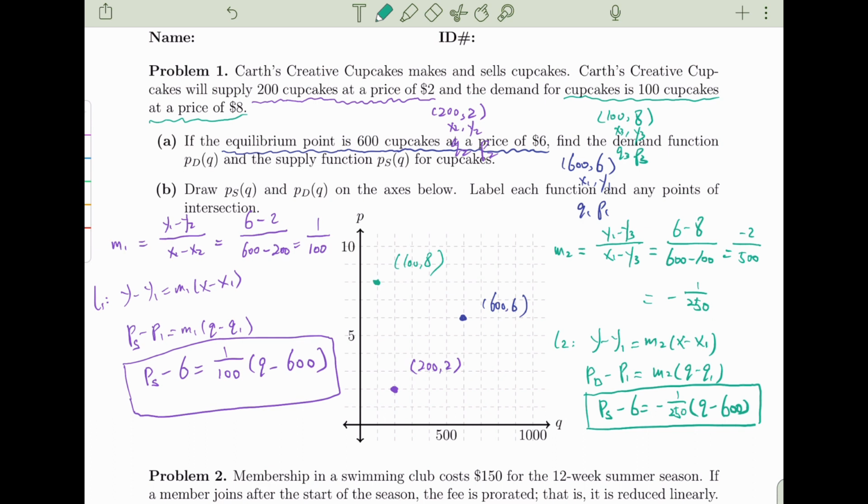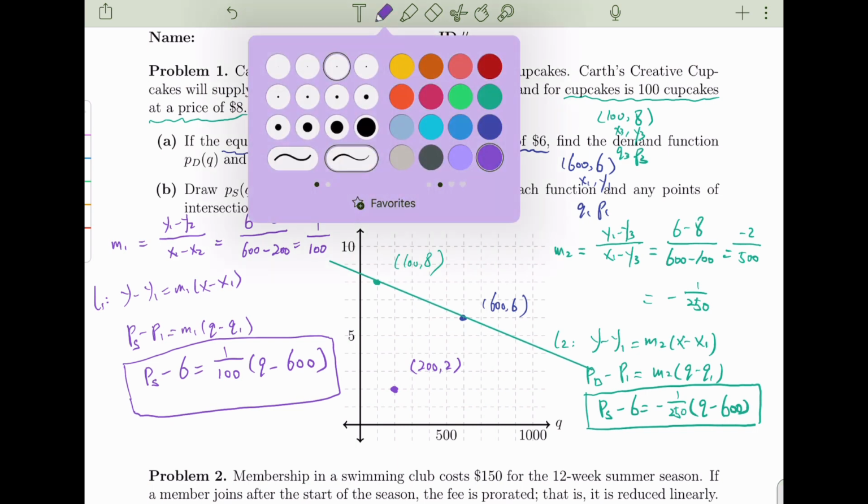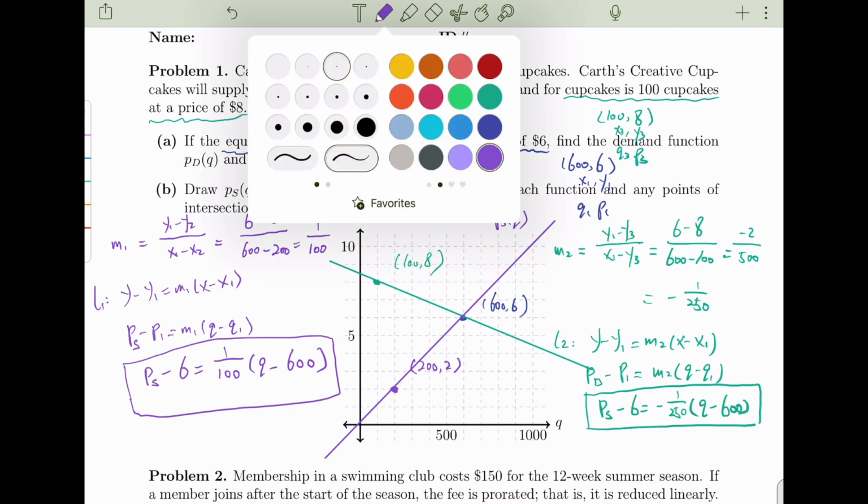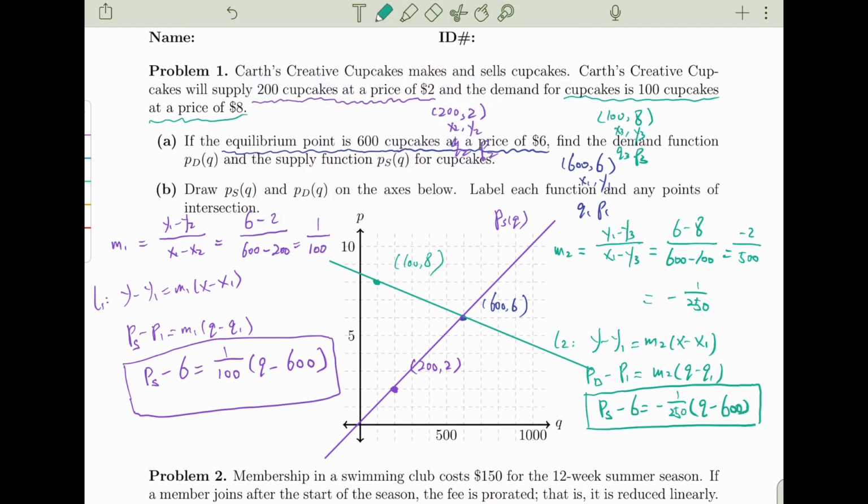Now I connect them. The green line. And also the purple line. Purple line here is my supply function, and this green line is my demand function.